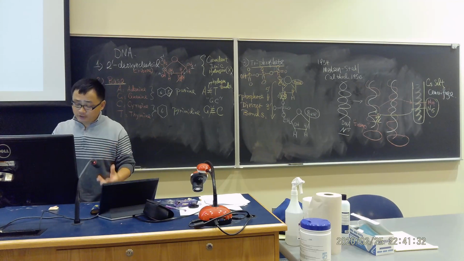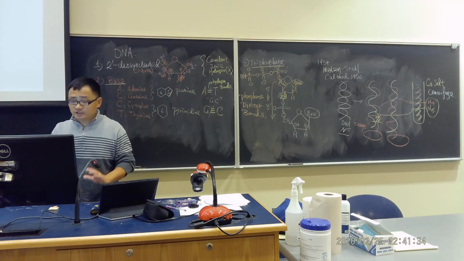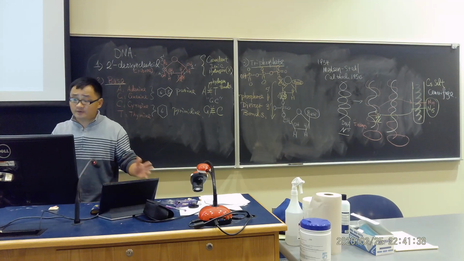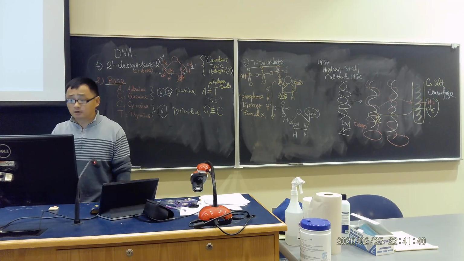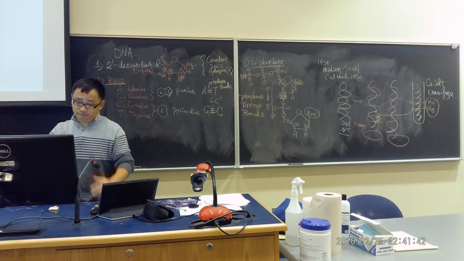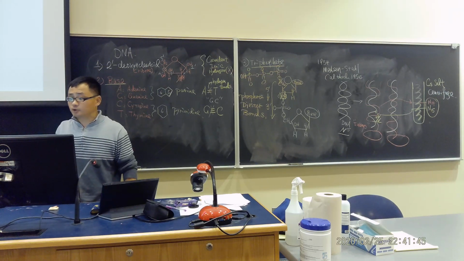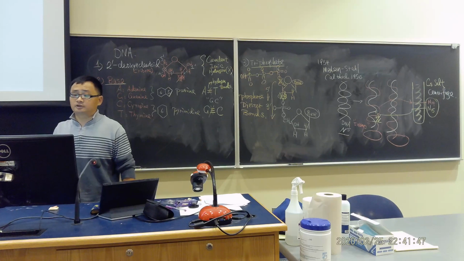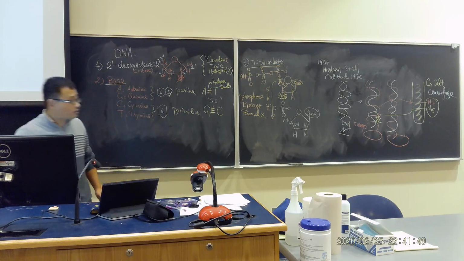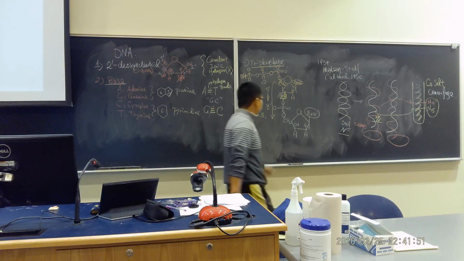Then they started the replication, and when they reach the terminus, which is TER, the replication ends. We're going to spend the rest of this class, about 20 minutes, talking about the components of a replication fork and what really happens here.